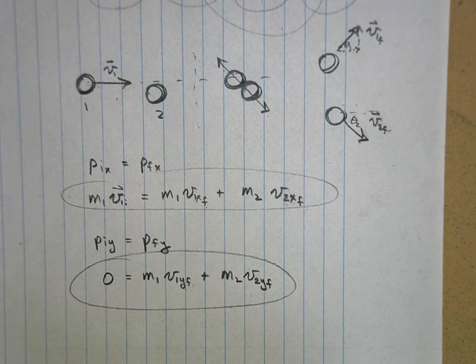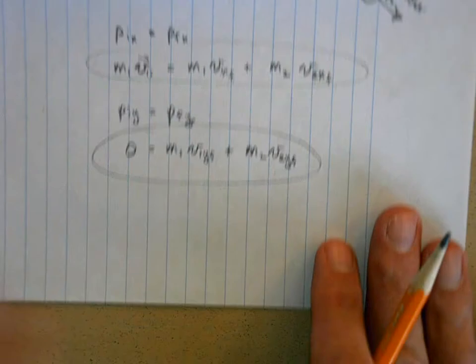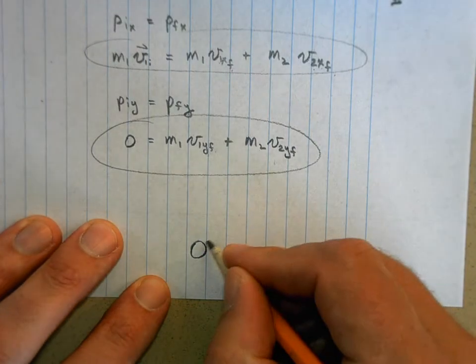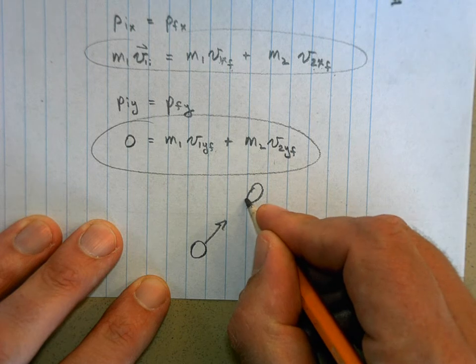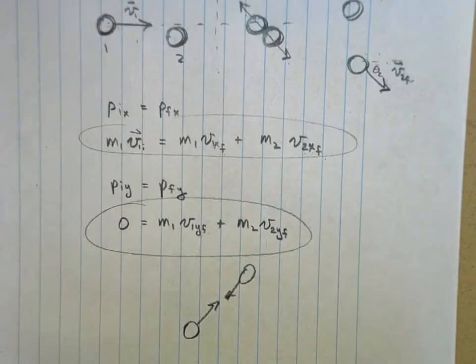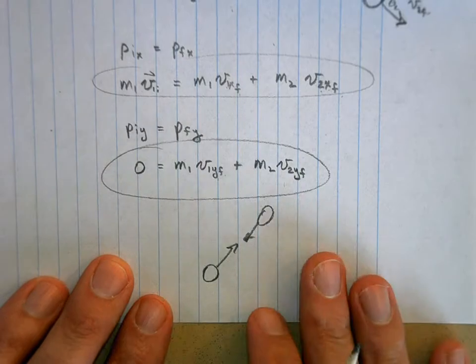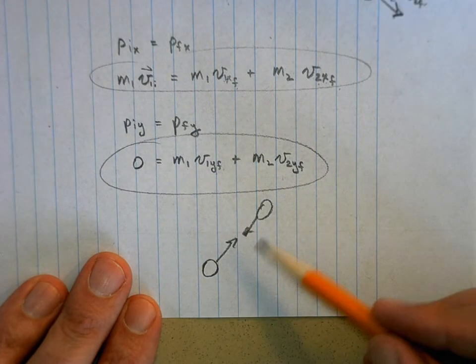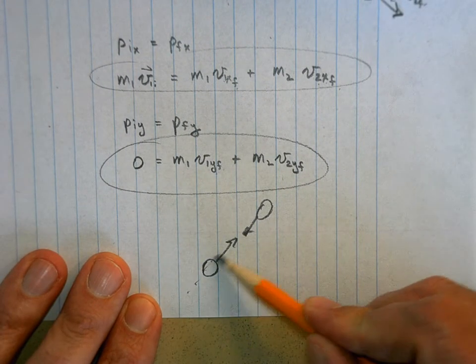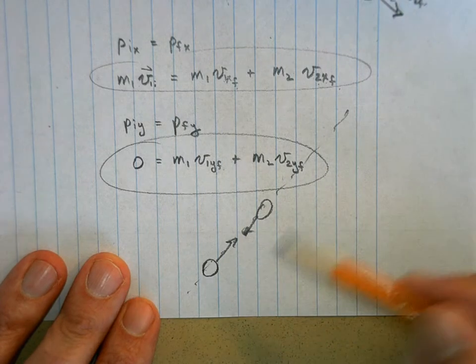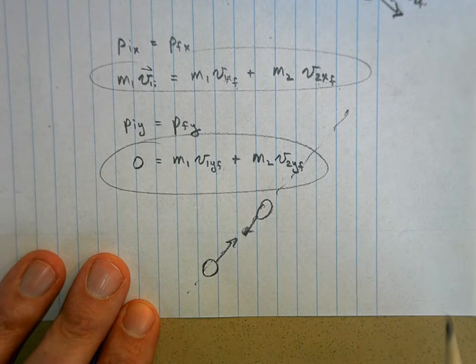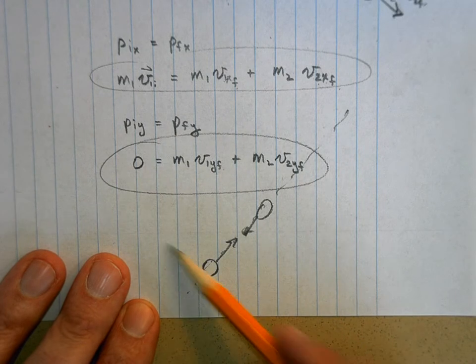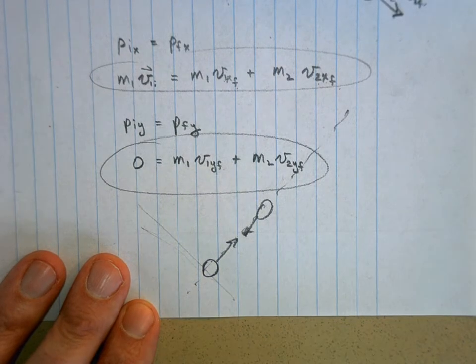So if they gave me a problem like this, these objects are moving like this, and they're going to come off at angles or whatever. Well, yeah, they gave me the drawing that looks like this, but guess what I'm going to do? I'm going to make this my x-axis. Why would I do that? Because in the y direction now, y direction is perpendicular to this, there's no momentum initially or at the end. So it just makes the problem a lot easier to solve.